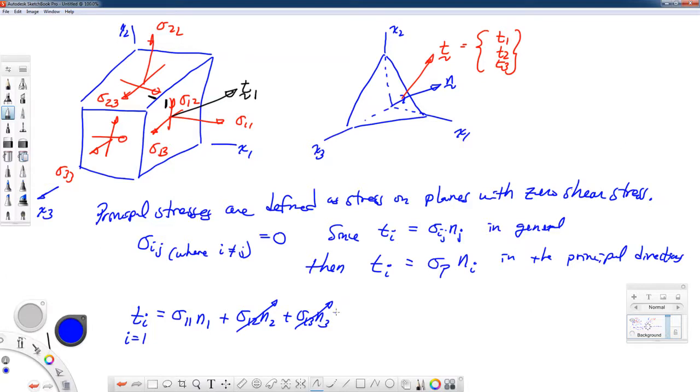If we chose 2, then we'd be left with sigma 2,2 n 2. But in general, we're left with some scalar value of stress times the n with the component in the same direction as our free index here. So that's why we're calling it sigma p n i.